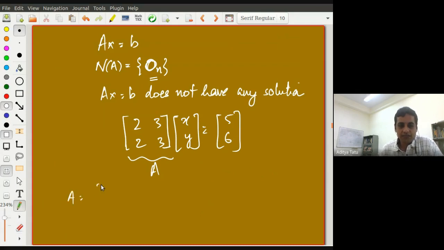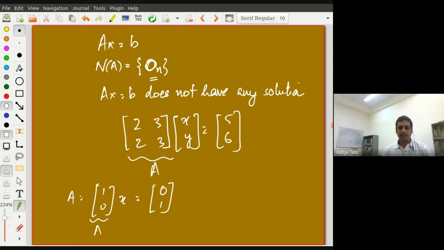Let A be the matrix [1, 0], x is in R^2, and b is in R, so A maps R^2 to R. I hope you see why the null space is only 0. Is that the null space?